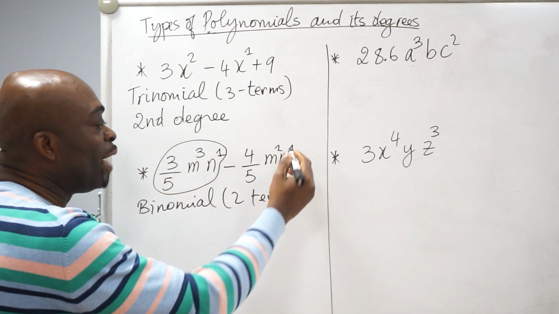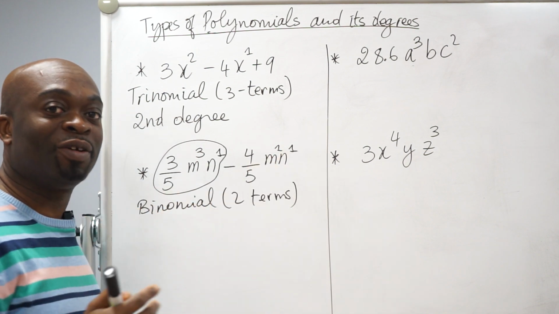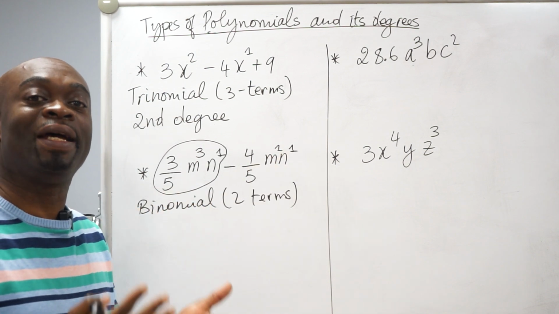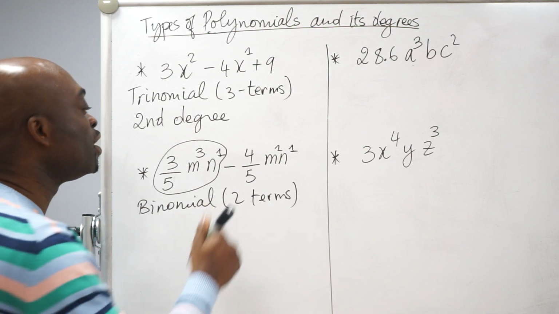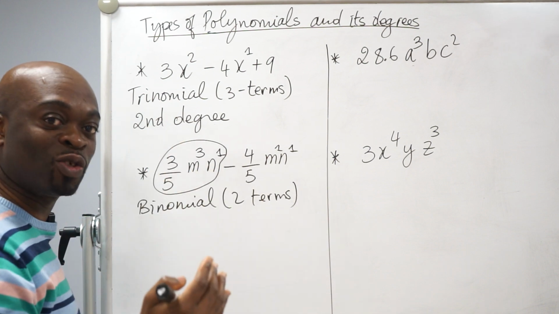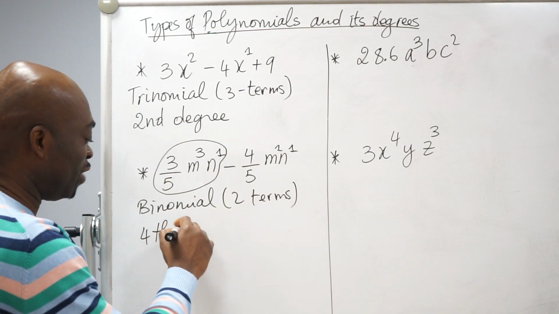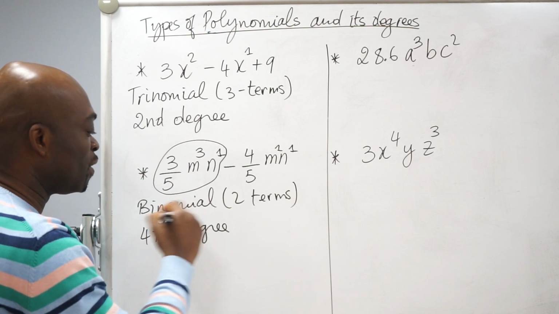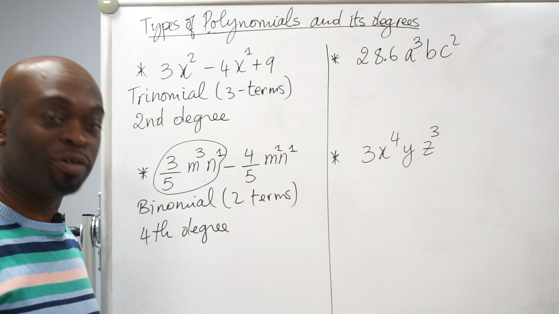Here we have m and n also, but with 1 and 1, so it gives us 2. Remember, we compare now. Whichever is higher will be the degree of the polynomial. So this one is 4, and this one is 2. 4 is higher than 2, of course, so the binomial that we have here is of 4th degree.